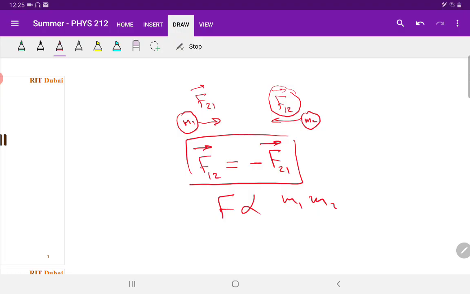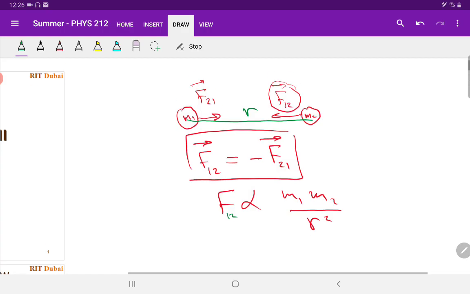And also it's inversely proportional to the distance. If I define the distance between these two masses by length r, which describes the distance between the centers of mass of these two objects, this force, which could be F1,2 or F2,1, is proportional to the masses and inversely proportional to the distance.